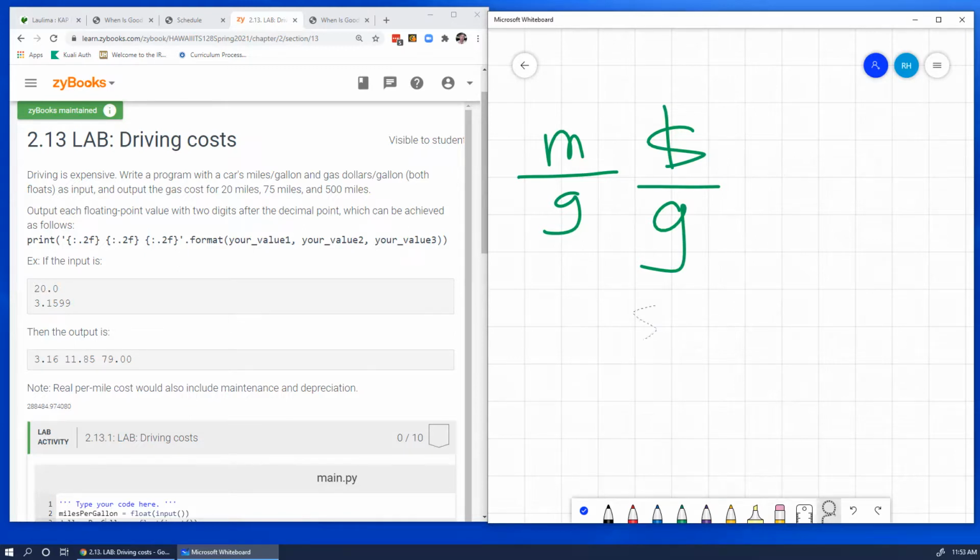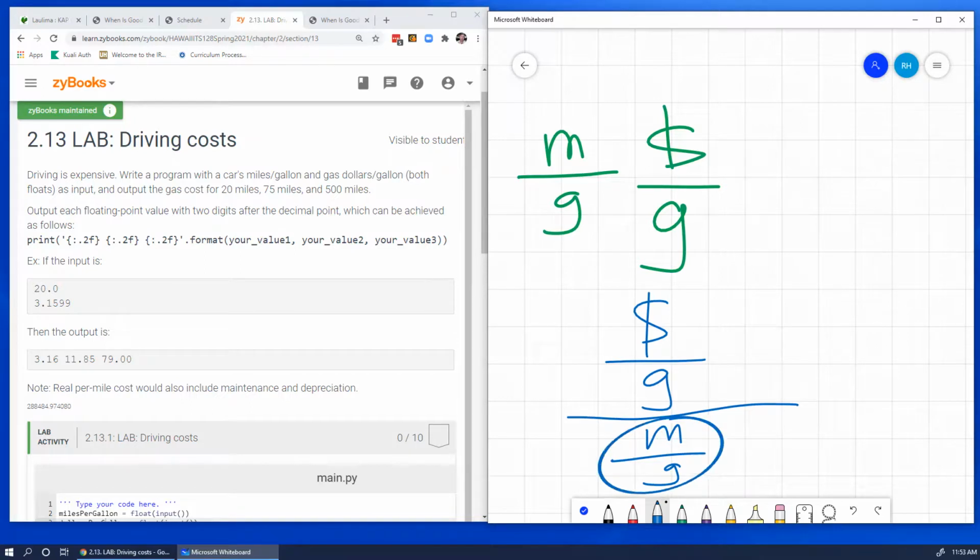Dollars per gallon divided by miles per gallon is the same as, I take this and I flip it over and I get gallons per mile, right? So by taking this and flipping it around, it's the same as that. And I can get rid of this now.